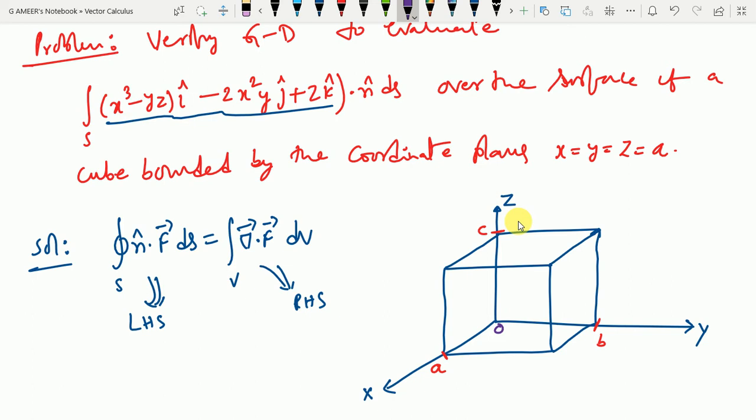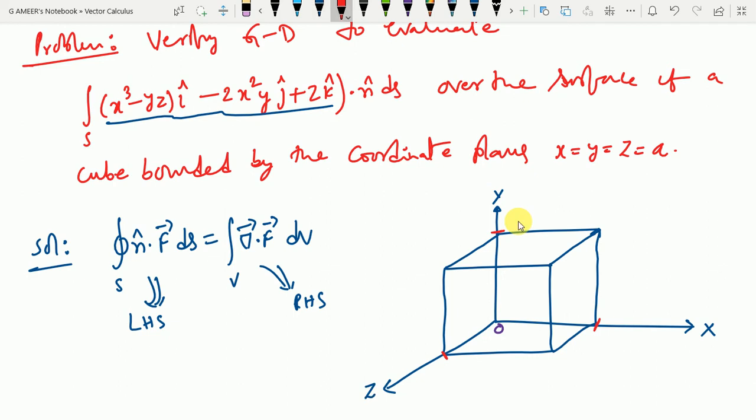For simplicity, you can take it in any manner. I'll take the x axis this, the y axis this, and the z axis this.